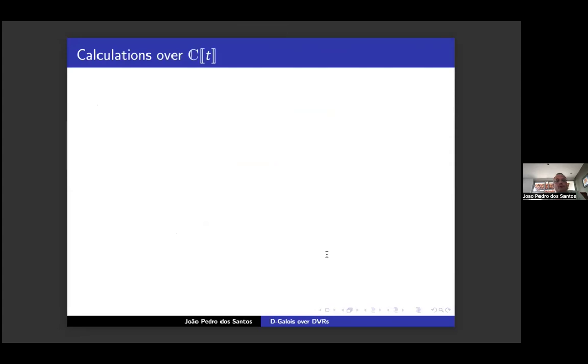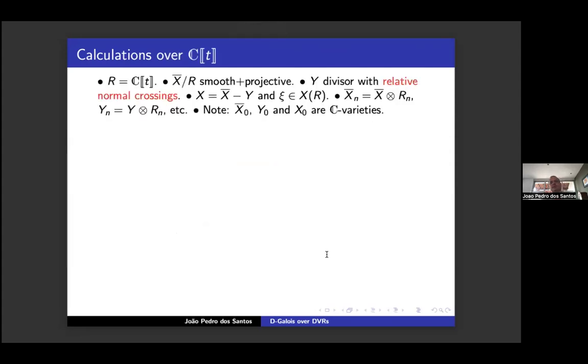Okay, so now you try to do the same thing, but in the context of C double bracket T. So you introduce the usual notation. So instead of X, a variety over C, you want something over R. You take out the divisor.